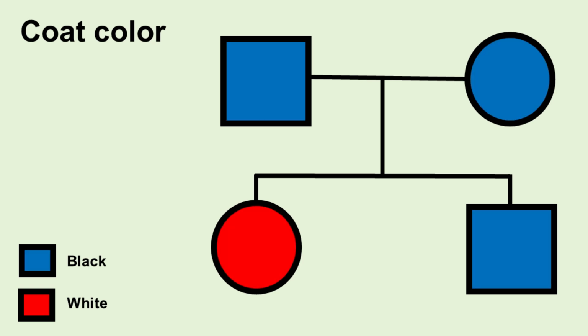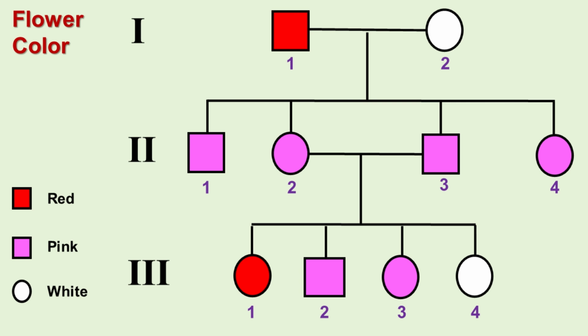But maybe you like to show it in colors like this and make it a little fancy. No problem. As long as you mention the instructions or guidance as shown at the bottom left, you can draw the pedigree like this. Here you see an example of a trait with incomplete dominance for the alleles. Again, as simple as possible, I chose red color for red flowers, pink for pink flowers, and white for white flowers.